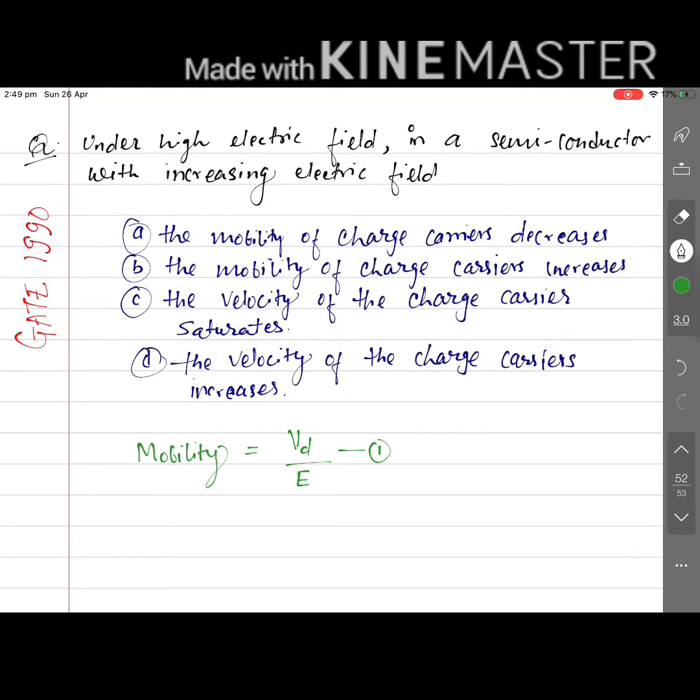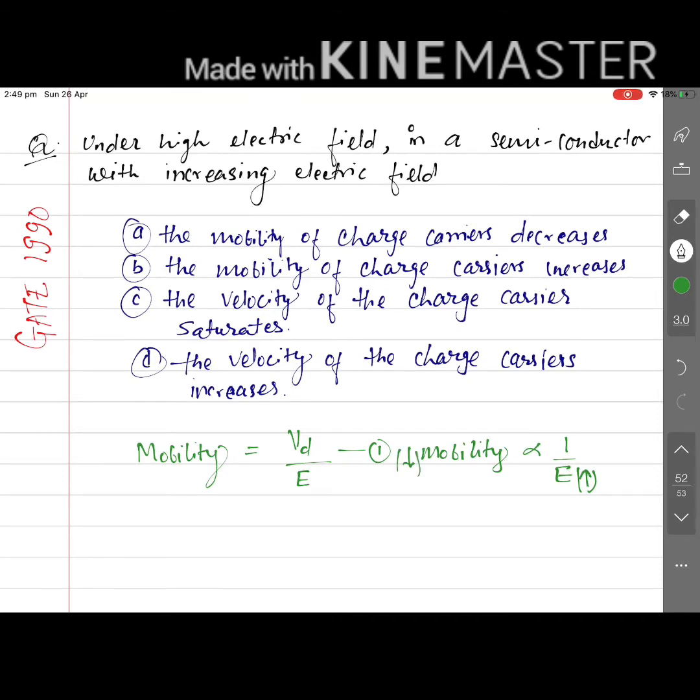So from this equation we can say that the mobility is inversely proportional to electric field E, right? So that means if the electric field is increasing, the mobility will decrease.